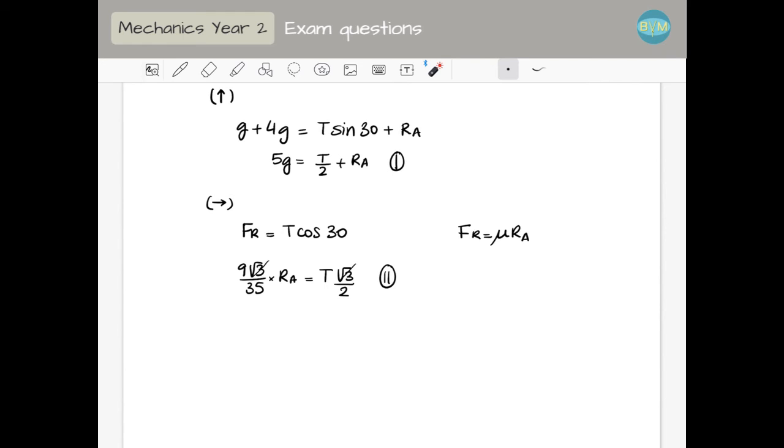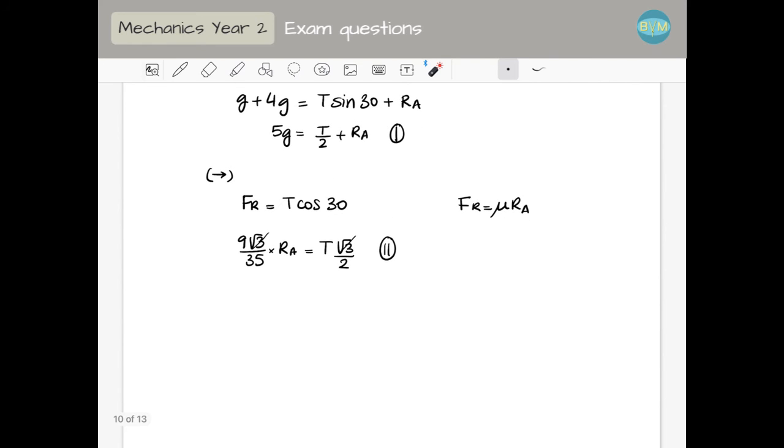So if I make Ra the subject, for example, in the second one, Ra is going to be 35t divided by, so this 35 multiplying, this 9 dividing, so dividing by 18. So Ra is 35 over 18 t.